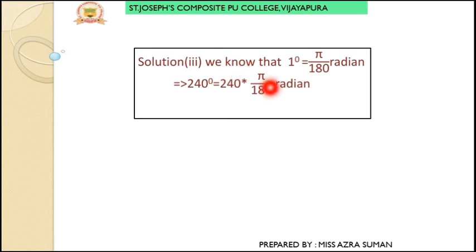On simplifying this, you will get 4 pi by 3 radian, because this 0 cancels, and 6 threes are 18, 6 fours are 24, it becomes 4 pi by 3 radian. Therefore, the value for 240 degree is 4 pi by 3 radian.